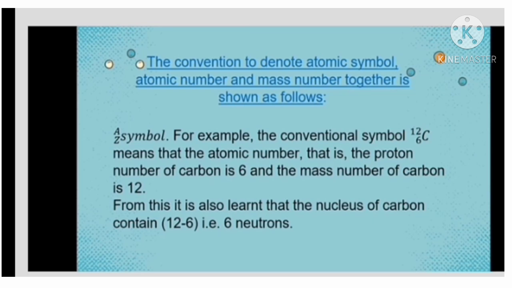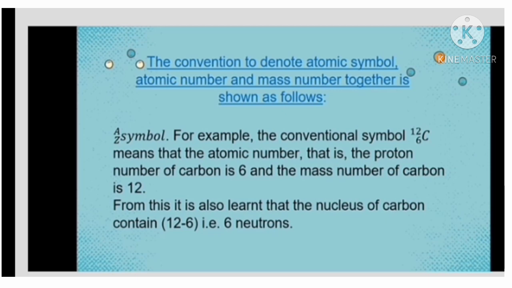The convention to denote atomic symbol, atomic number and mass number together is shown as follows. Atomic number, denoted by capital Z, is equal to the number of protons or number of electrons. Atomic mass number is denoted by capital A and is equal to the total number of protons and neutrons.